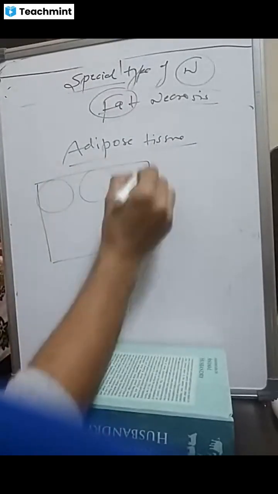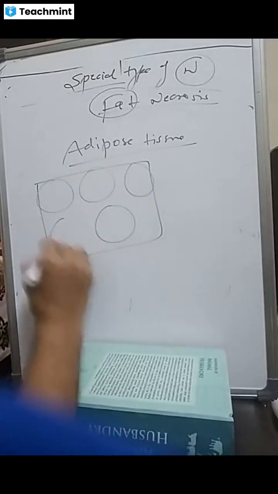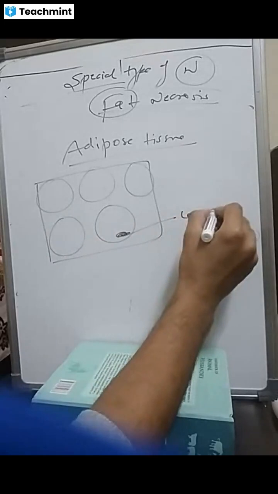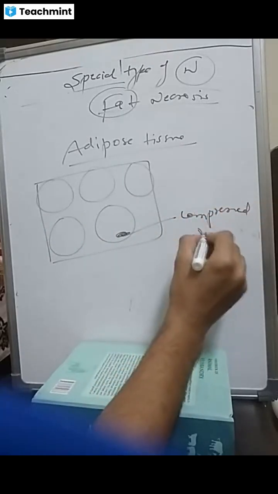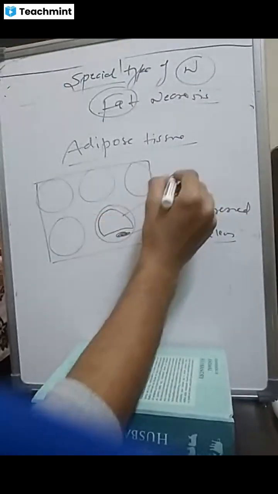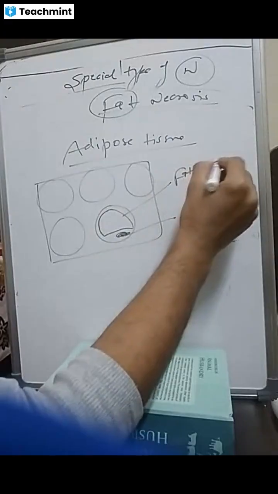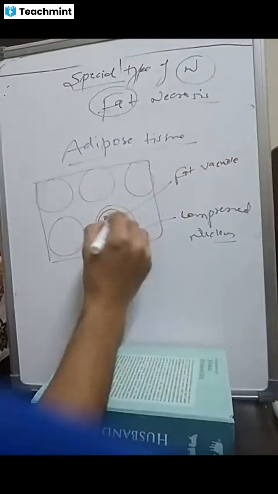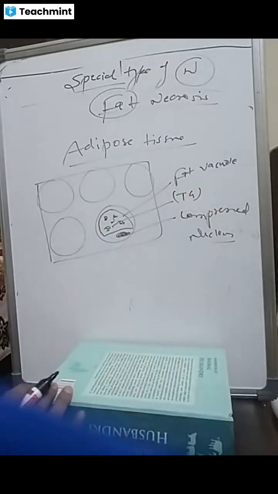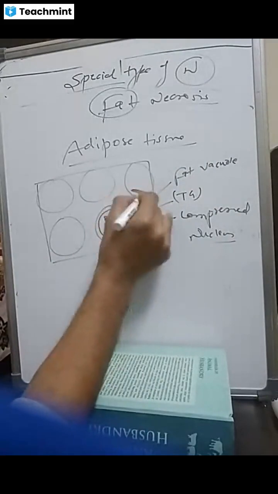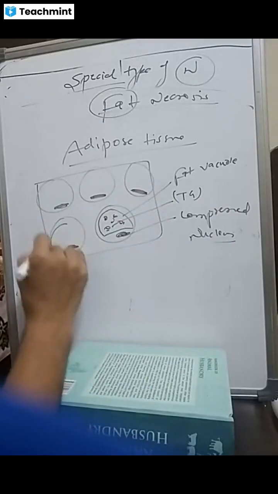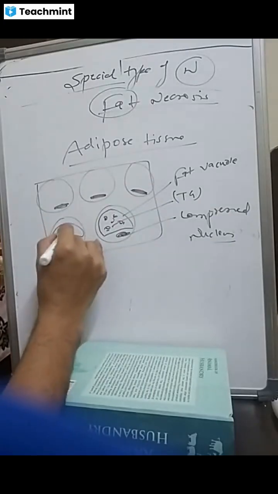These are the fat cells which are having a compressed nucleus. It is compressed because there is a fat vacuole. It is filled with the fat, that is your triglyceride. So there is one nucleus which is eccentric, compressed, and remaining is the fat.